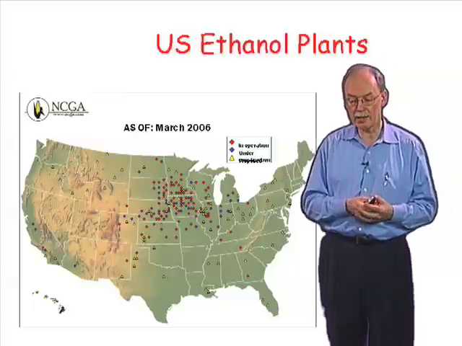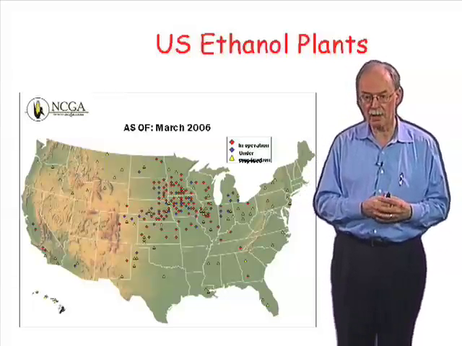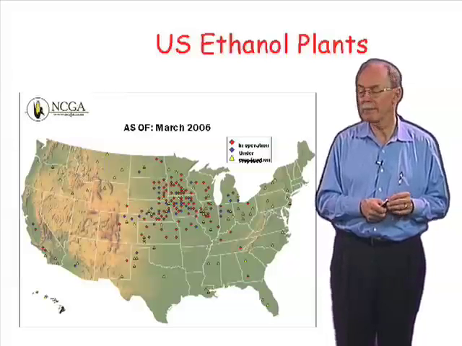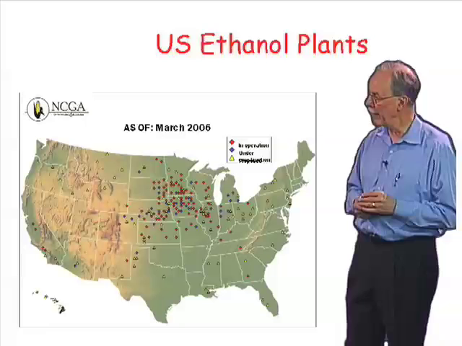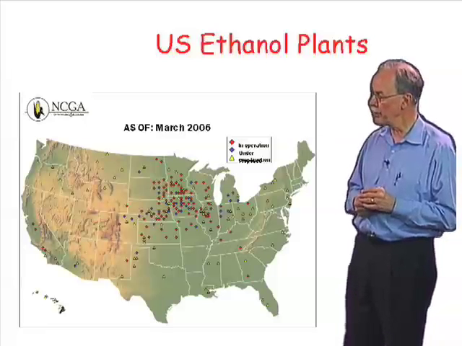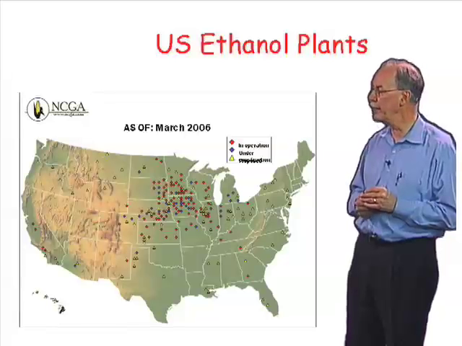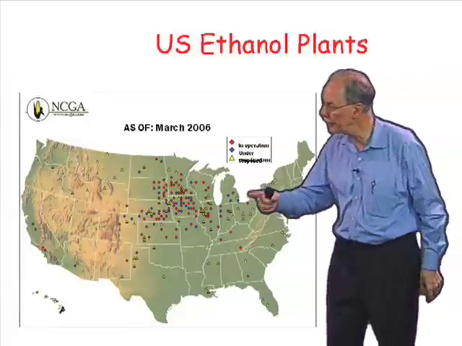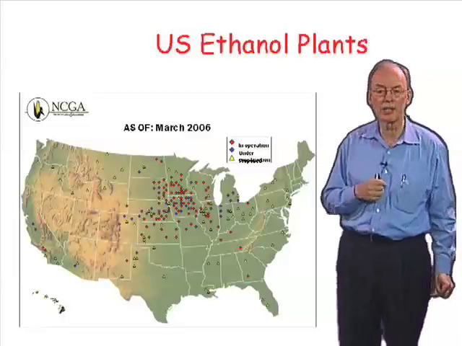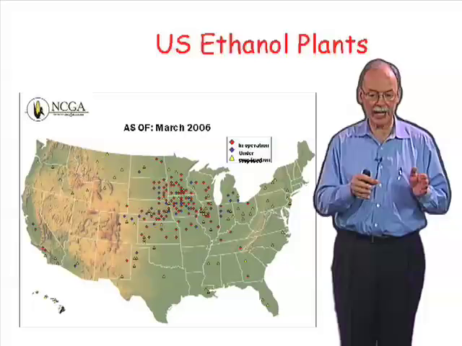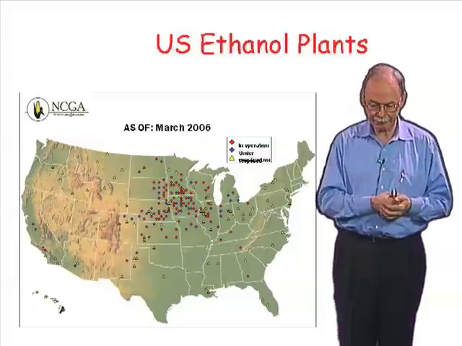In the United States, during the past several years, we've seen a rapid expansion of production of ethanol from corn grain. And this map of the US from the National Corn Growers Association shows the location of more than 100 plants. You can see all the little dots scattered around the Midwest in particular are the sites where corn grain ethanol plants either exist or are being built.